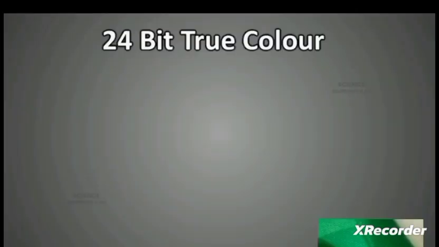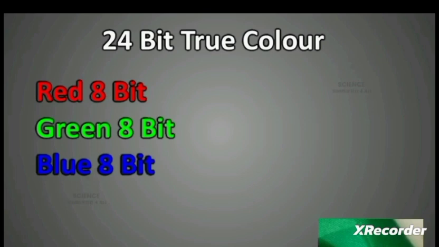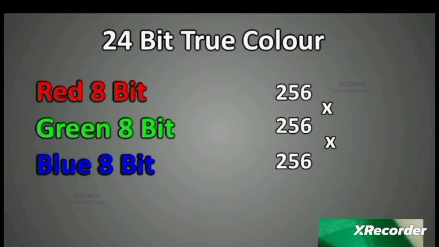That is why today's computers use a 24-bit system, often called the true color system. Here, 8 bits are used for red, 8 bits for green, and 8 bits for blue, together making 24 bits. With this system, 256 times 256 times 256 equals 16.7 million colors are possible.